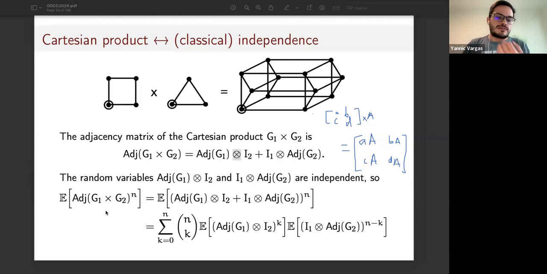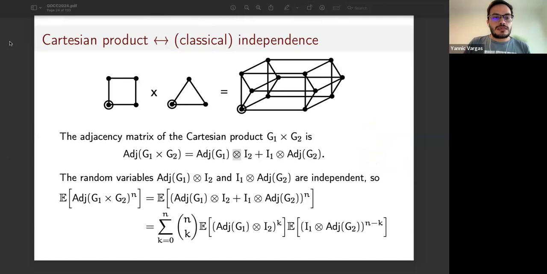So it's not hard to calculate the expectation of the n-th power of this matrix in terms of these two, just because they commute.